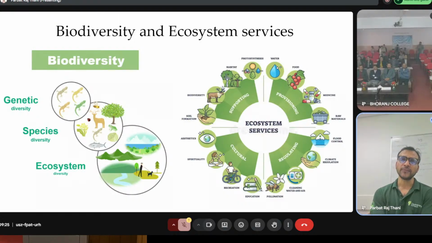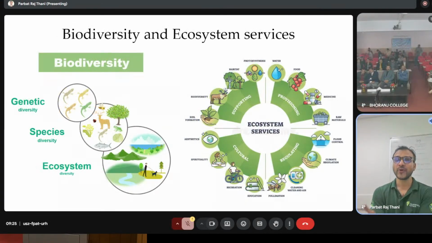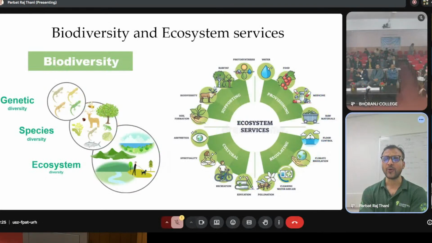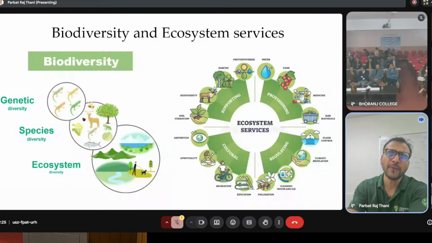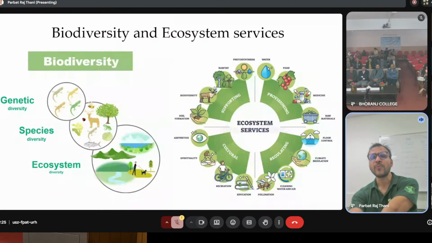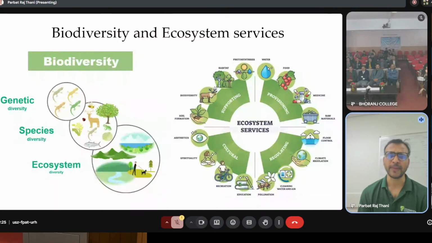And supporting services means how that habitat is managing itself because of the ecosystem, and how soil is forming because of that ecosystem. So all this comes under supporting services. Overall, that forest system provides us huge benefits which we cannot explain.